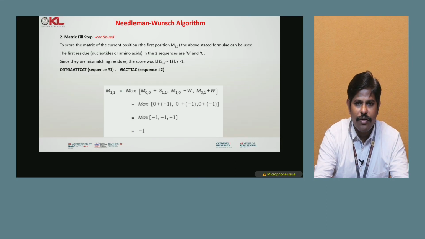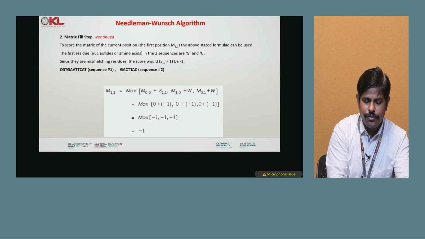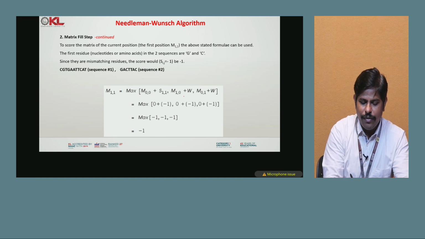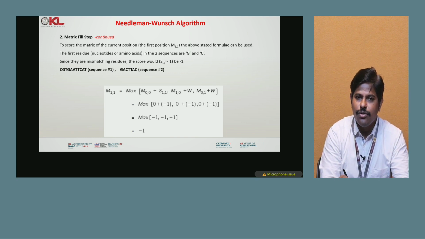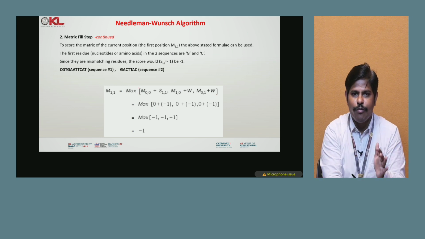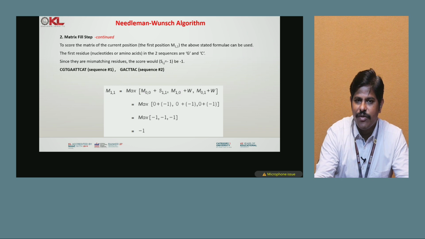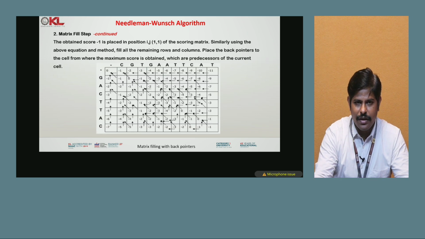The score of a cell is given as the max of M00 plus S1,1, M1,0 plus W, and M0,1 plus W. Here W corresponds to the gap score, and S1,1 corresponds to the match or mismatch score. Max means pick the maximum value from this set.